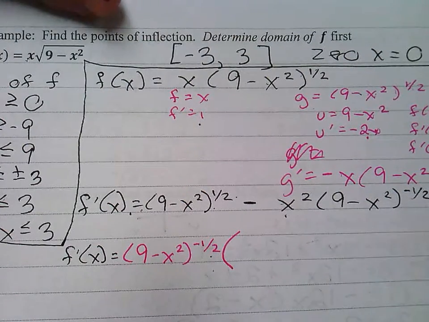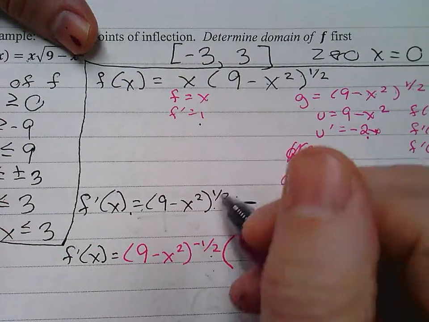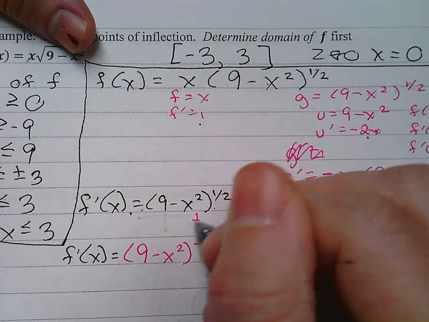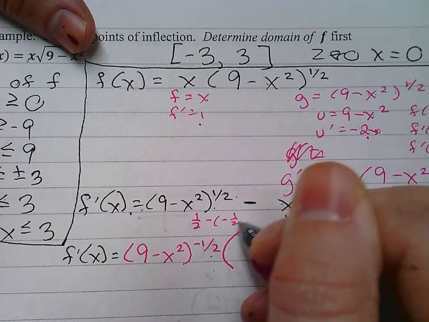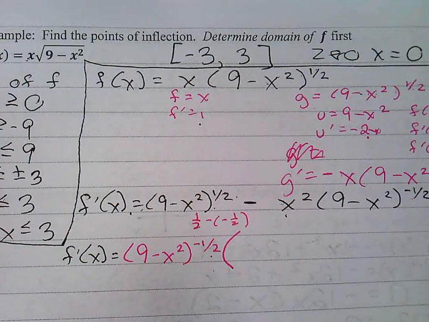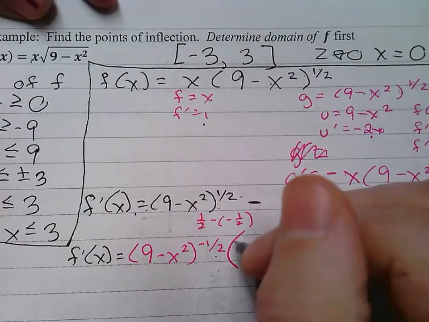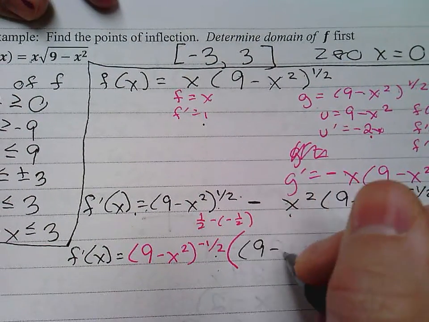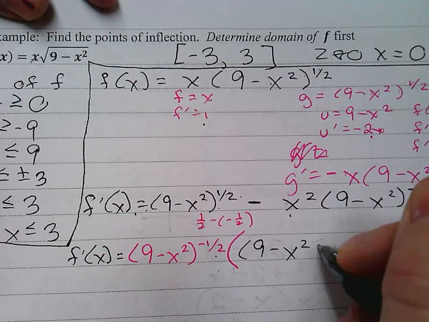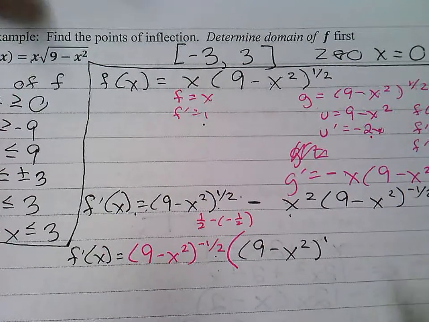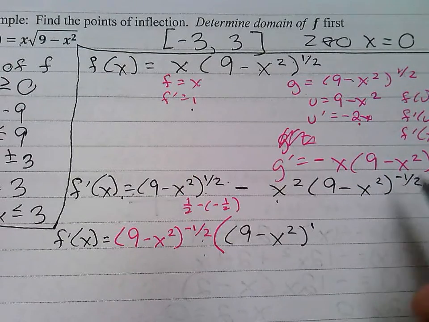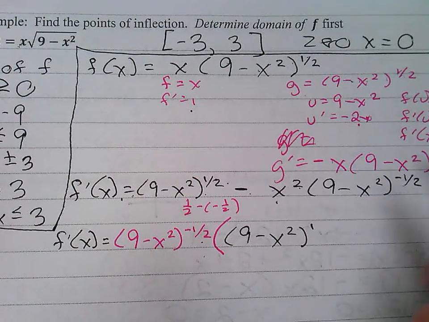So 1/2 minus a negative 1/2 is going to be 2 over 2, which is 1. So that's going to be 9 minus x squared to the 1. You don't have to write the 1, it's just giving you practice. Minus x squared, and that one cancels.